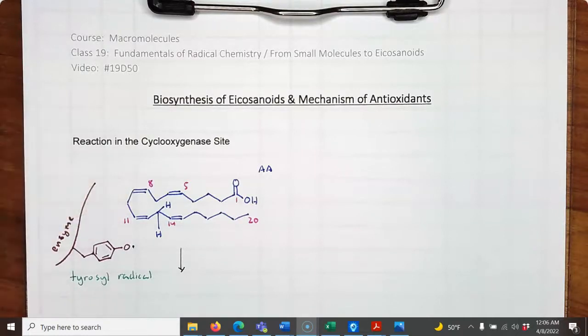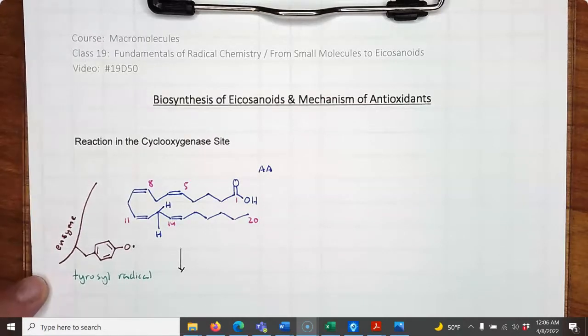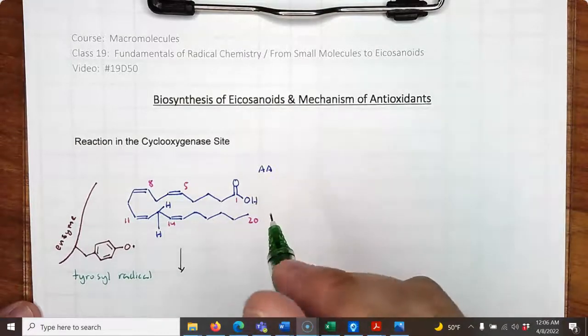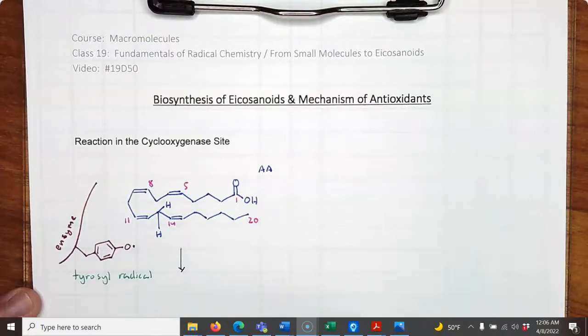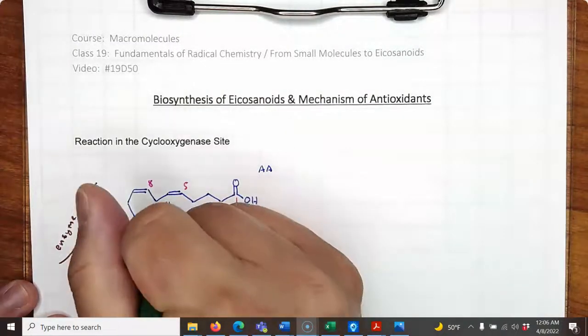Here I've drawn out arachidonic acid. Again, it's a 20-carbon fatty acid, and in the enzyme cyclooxygenase, we have a tyrosine that is converted into a tyrosyl radical. What's going to happen is the hydrogen off of carbon number 13 is going to be abstracted by our tyrosyl radical.